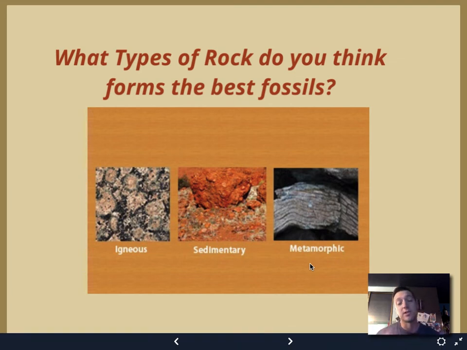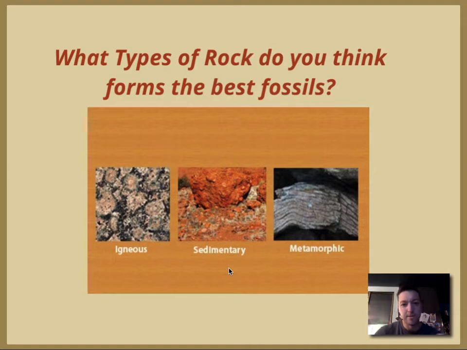The heat and the pressure that's required to form metamorphic rock. But all fossils are formed in sedimentary rock. And we'll go a bit more into that. Basically, little rocks can fill in and around the fossil sediment, and eventually can turn into sedimentary rock.